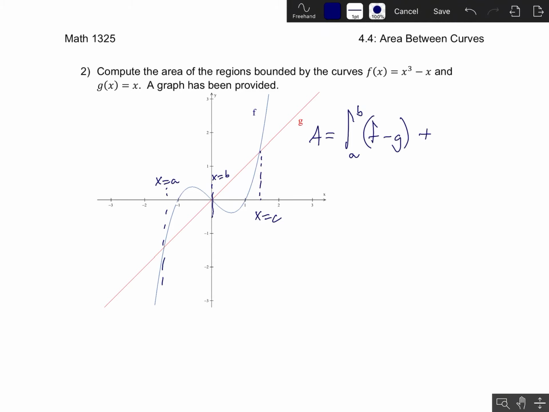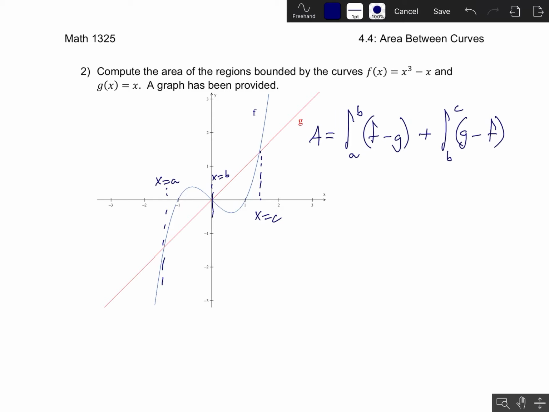But then if I want the second area, this area over here on the right side, there g is the upper function. So for that region, I would integrate from b to c, and on that region, g is the upper function, so that would be g minus f.